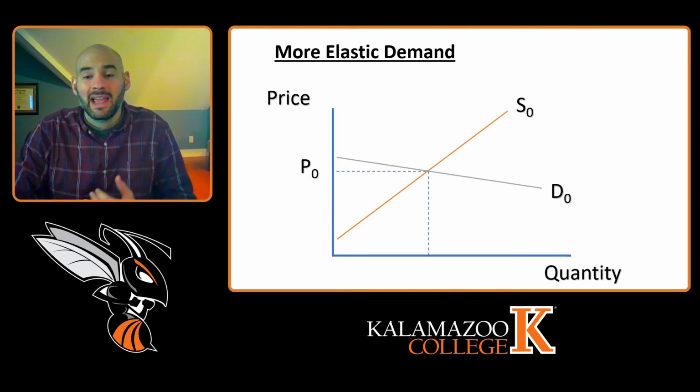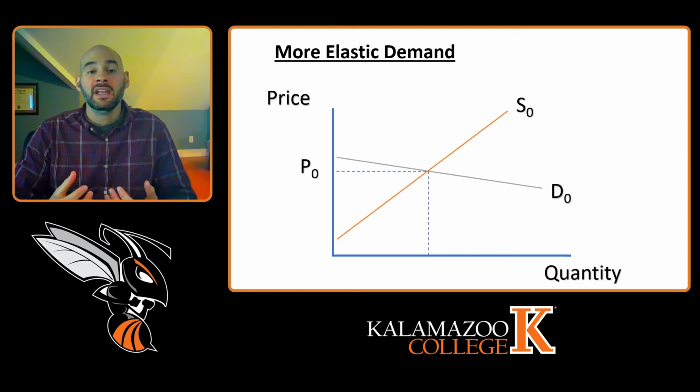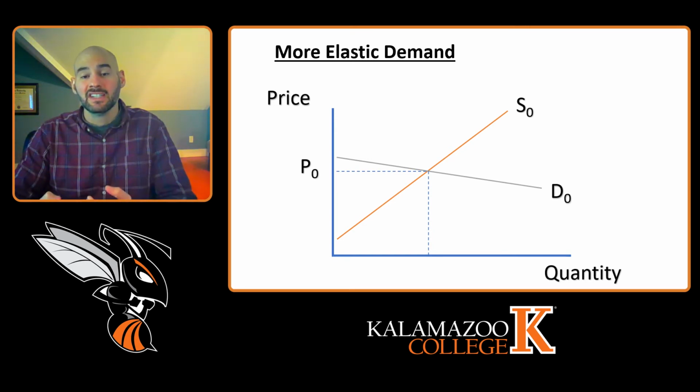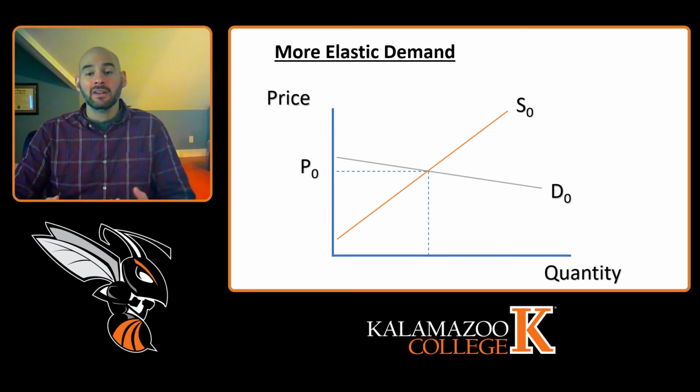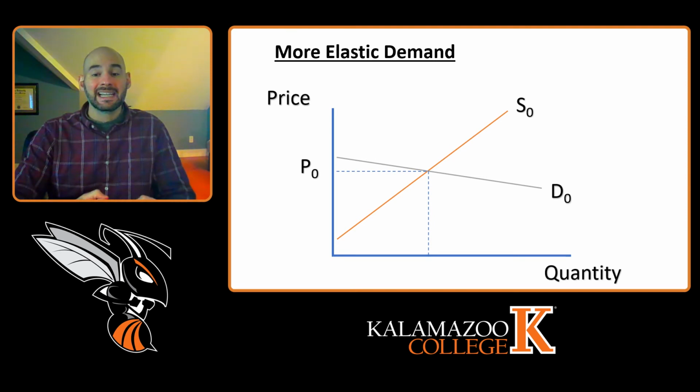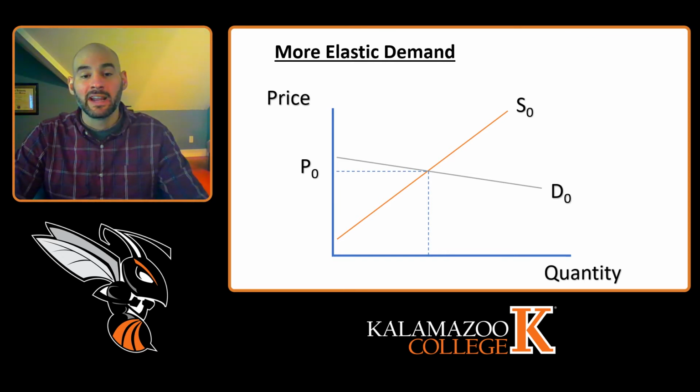So in general, any point along the demand curve is going to have its own elasticity of demand. The elasticity of demand does change as the relationship between a relative change in price and a relative change in quantity changes. But it's going to be helpful to think about demand curves that are more elastic and that are less elastic. And so demand curves that are more elastic means that there is a greater responsiveness of the quantity demanded to a change in price.